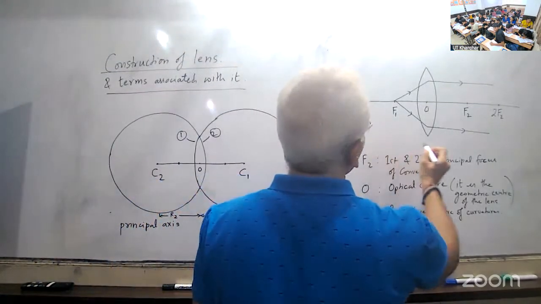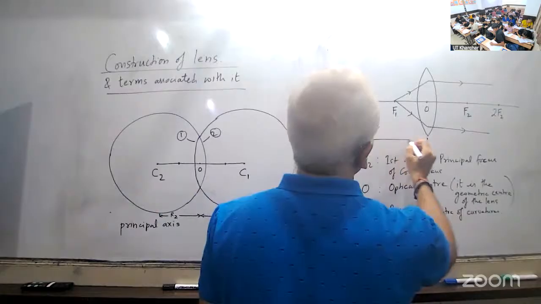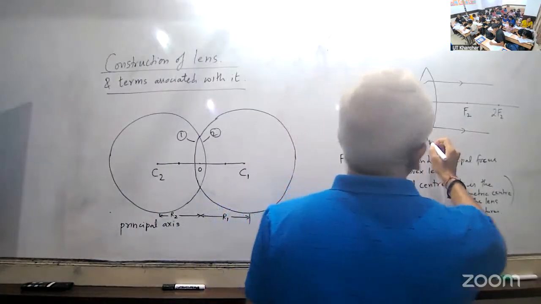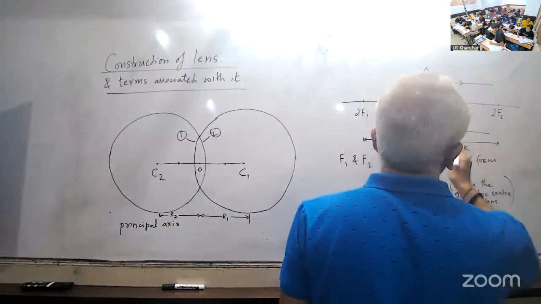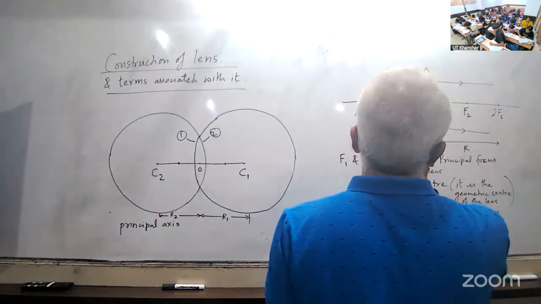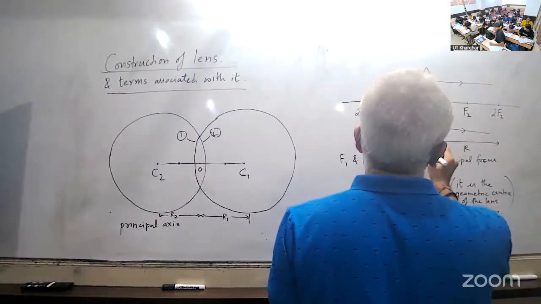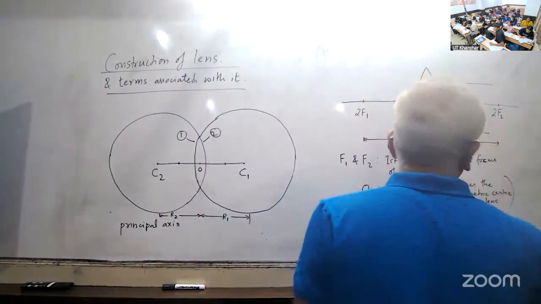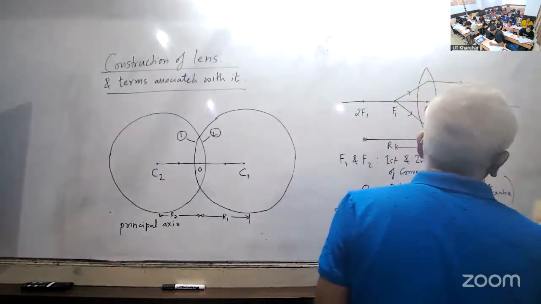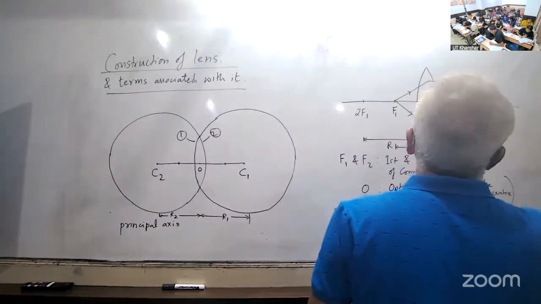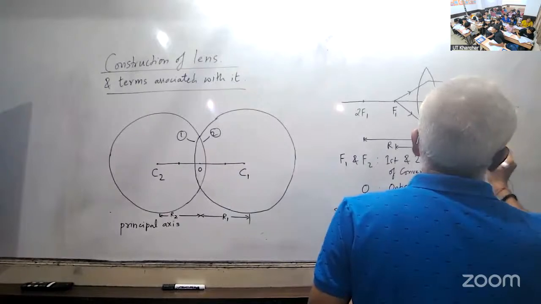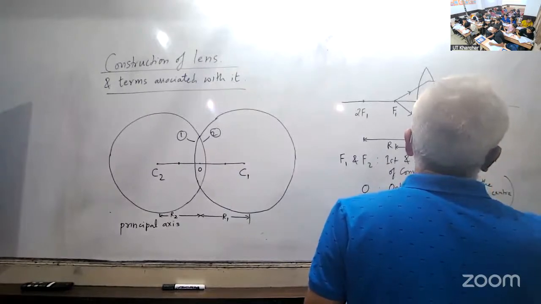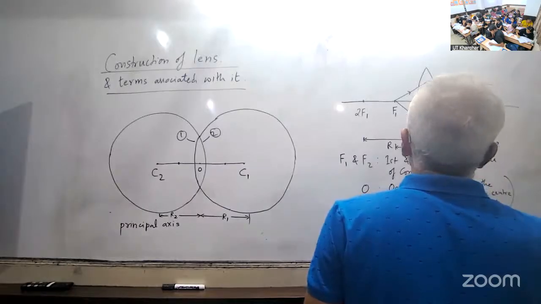This distance is the radius of curvature, and half of it represents the focus.